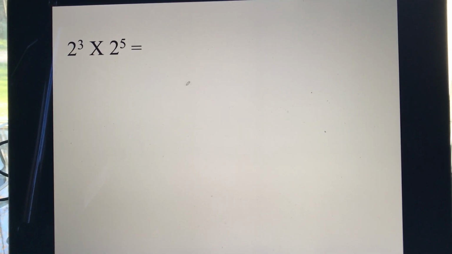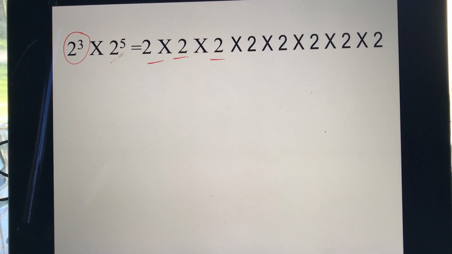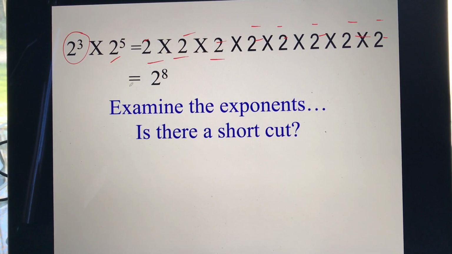So, going back to the very beginning, if we had 2 to the 3 times 2 to the 5, I could write out 2 to the 3 as multiplying 3 times, and 2 to the 5, 1, 2, 3, 4, 5, multiplying out 5 times. Of course, if I look at these, there's a total of 1, 2, 3, 4, 5, 6, 7, 8 2's, 2 to the 8. What's the shortcut?